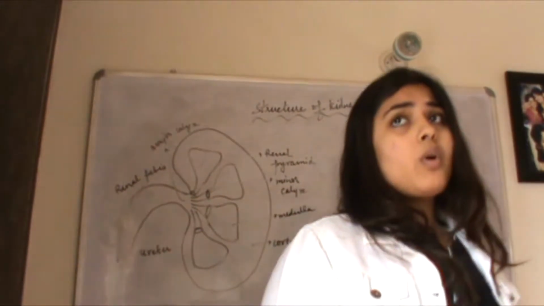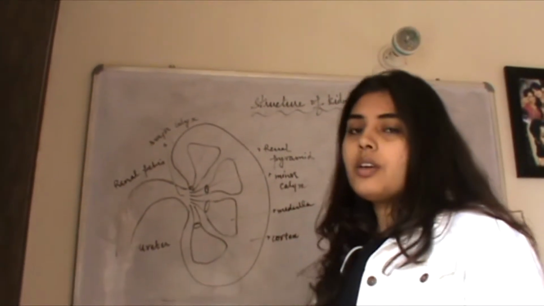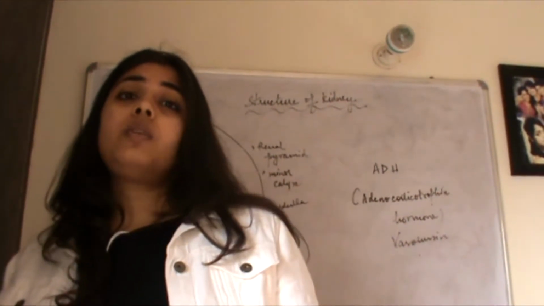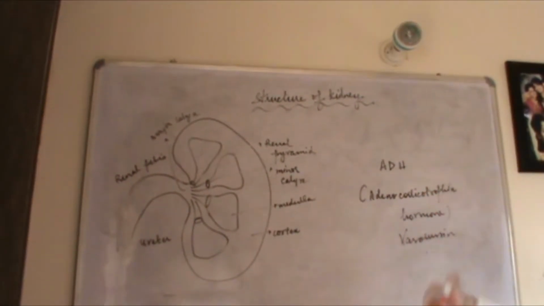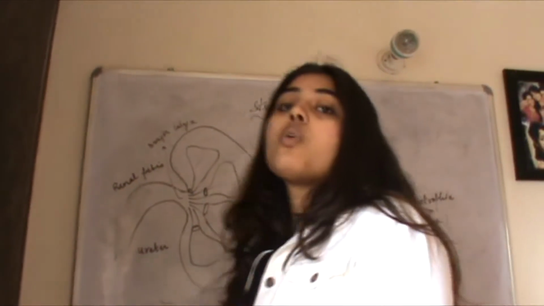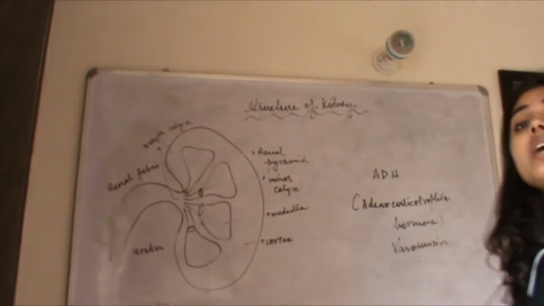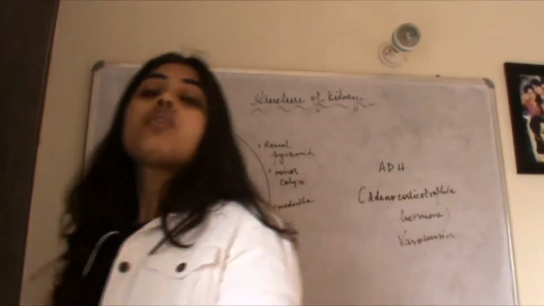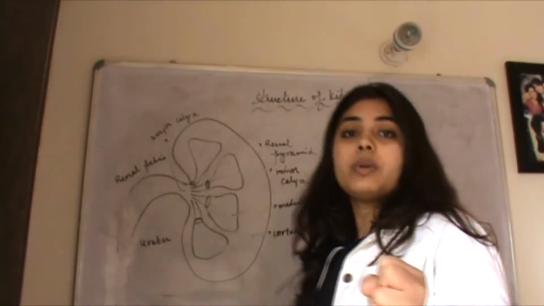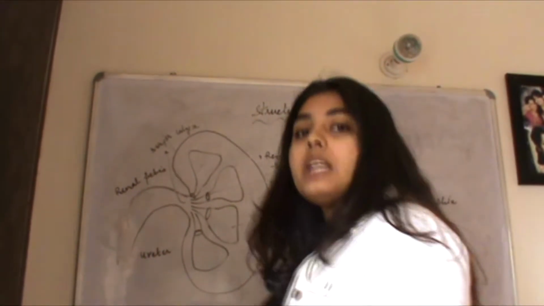But in winters your body does not require more water. Sweating is less, right? But in summers, sweating is more. So in that case, the ADH hormone, or vasopressin, there are 2 names for this hormone, tells the kidneys to release less fluid or more fluid, in order to save water or eliminate more water from your body.